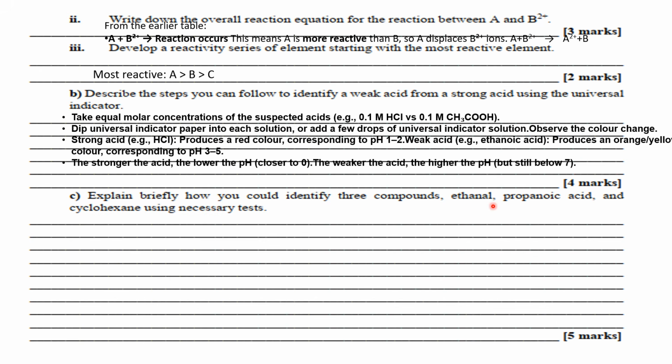So ethanol is basically an alkanal, which is also called the aldehyde.